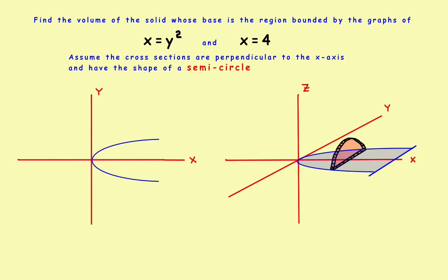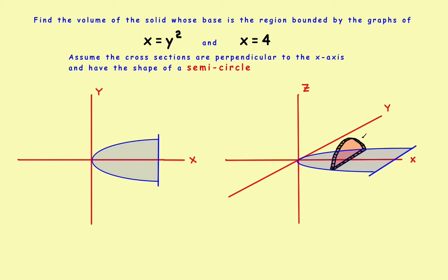Then the next thing says, right now it's open, so it doesn't have a restricted area. So if you add the restriction that x is equal to 4, well, that's just a straight line that goes perpendicular to the x-axis through x is equal to 4, and it would look like that. Now, that encloses an area, and when you enclose that area, that's going to give you the base of the solid, which looks like this in 3 dimensions.